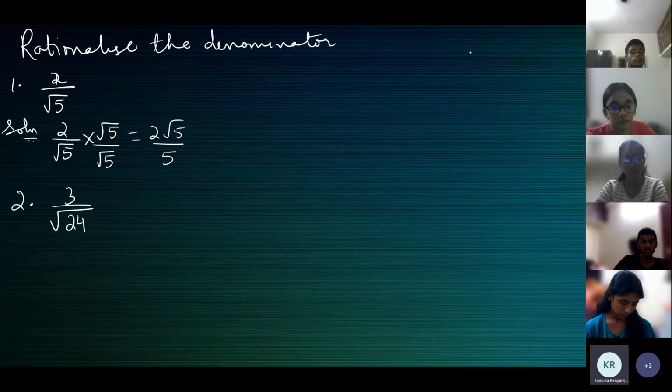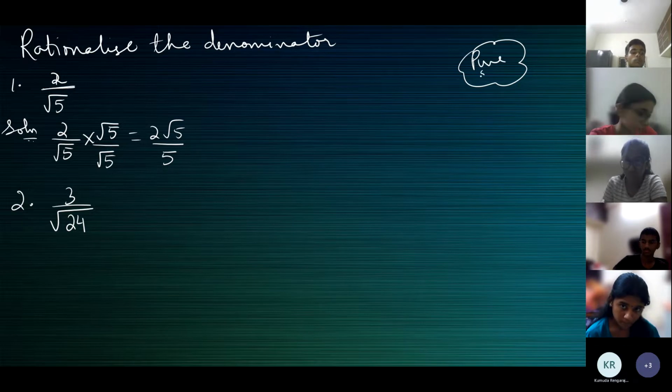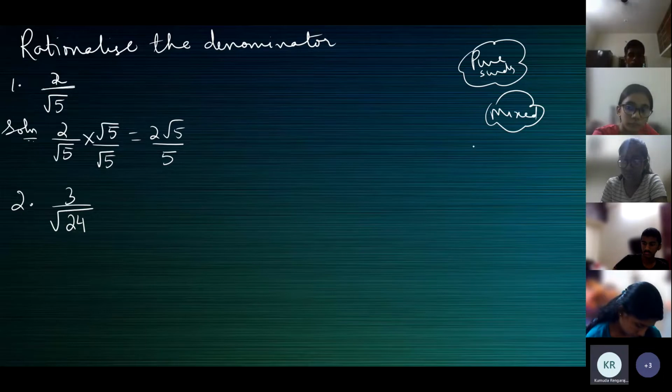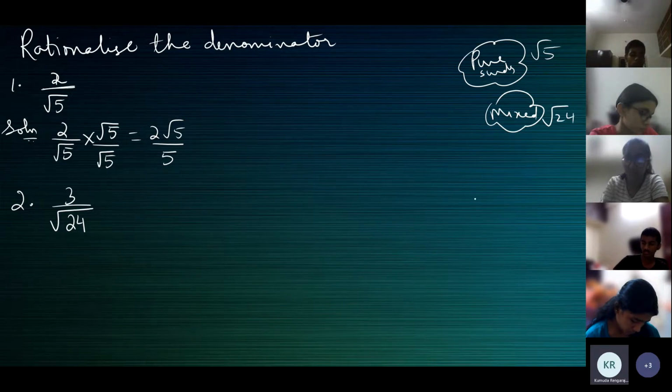Somewhere you write it in a cloud. Pure surds, mixed surds. Now root 5 is a pure surd. Root 24 is a mixed surd.